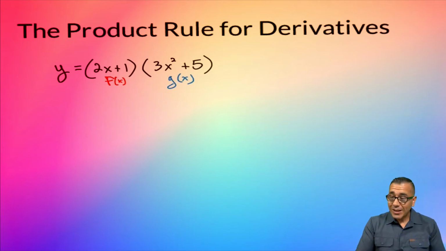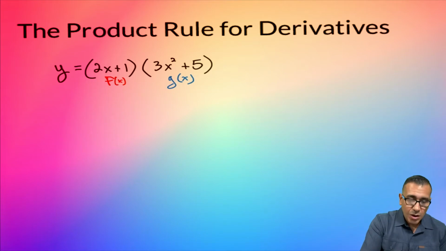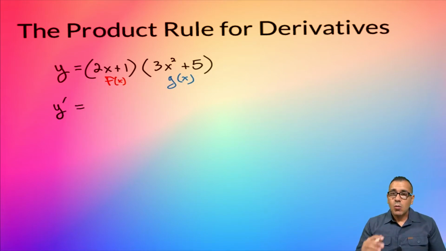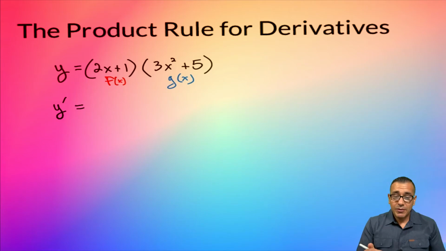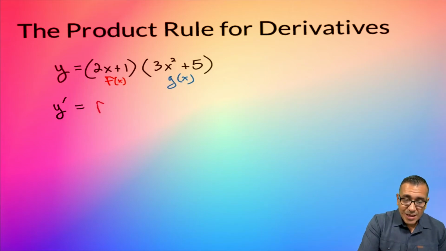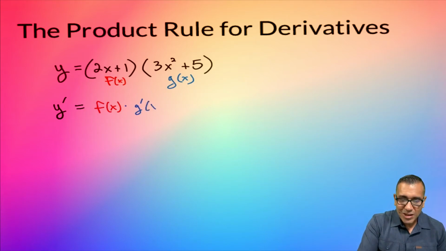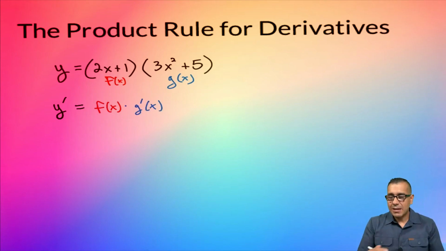And when I find the derivative, which is y prime, what the rule says to do, and what's nice about it, is the order really doesn't matter because of the commutative property of addition. You take the first function times the derivative of the second, and again, we could change the order, and it's not going to matter.